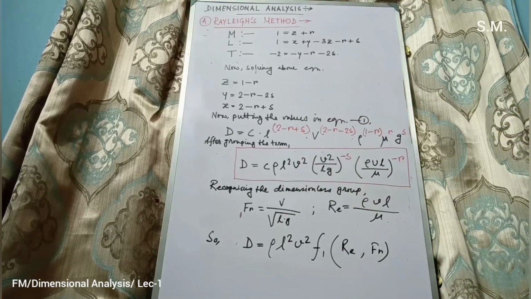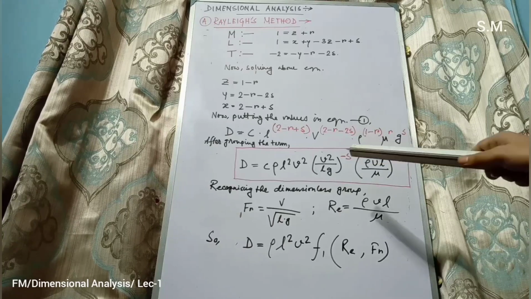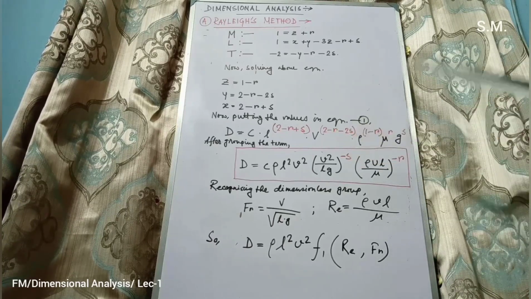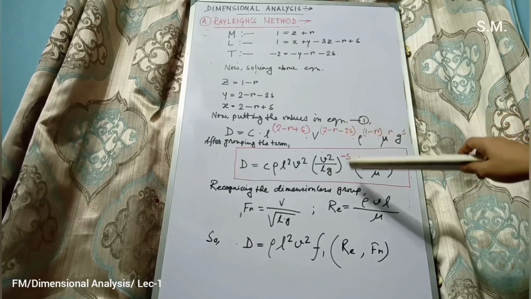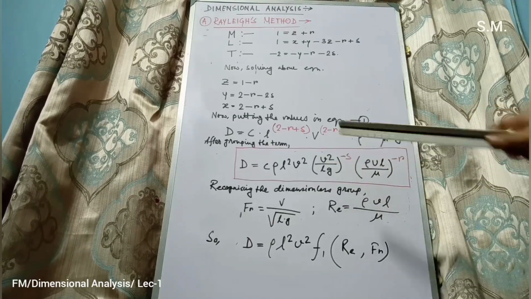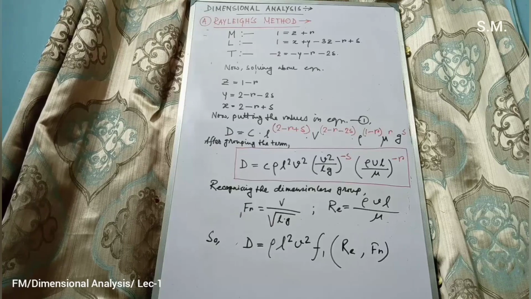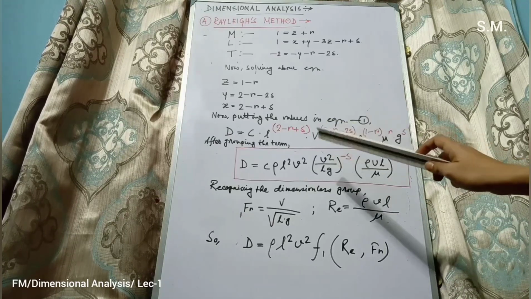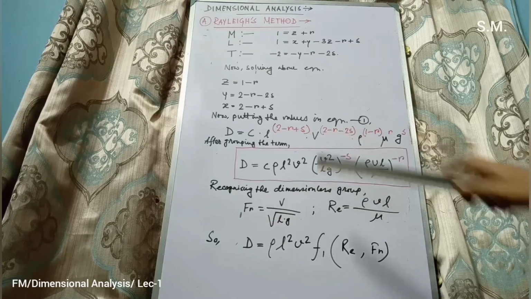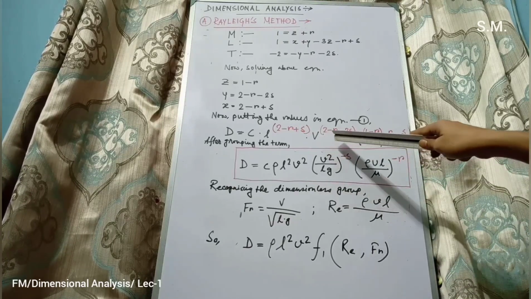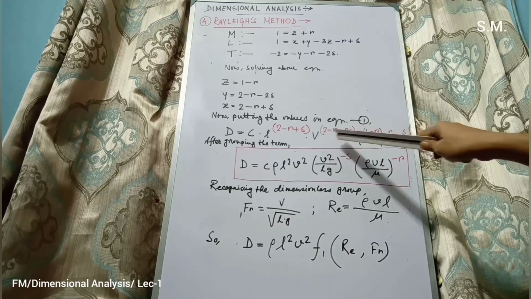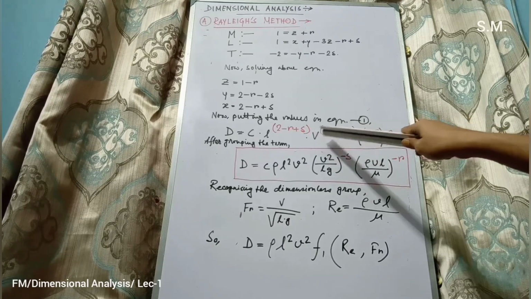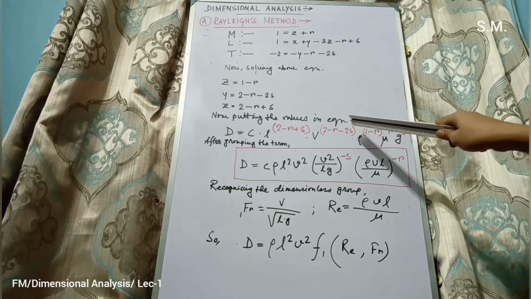Okay, now we are grouping in two formations, one is minus S and one is minus R. In this minus S group we see V square, and this is minus 2S, so V becomes V to the power minus 2S.